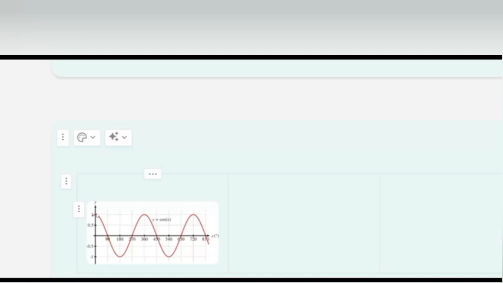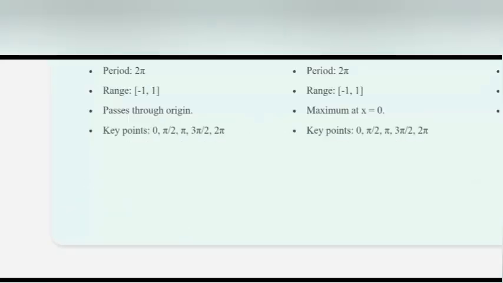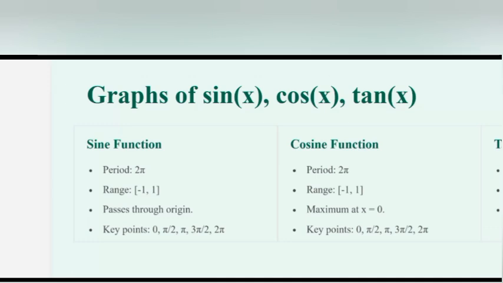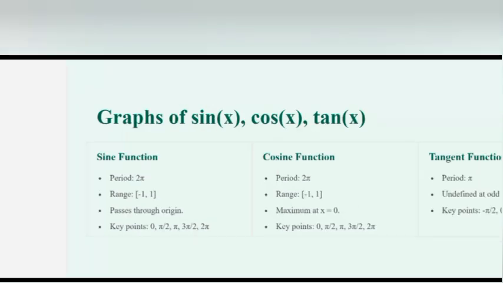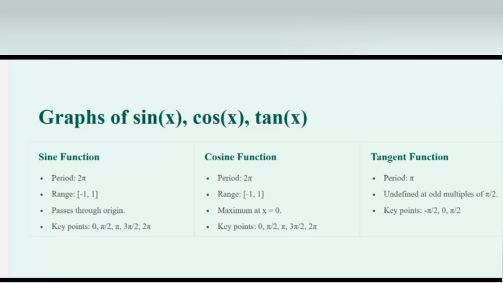Because this graph is cyclic and repetitive, the same thing repeats over and over again, and you can have multiple maximum points. But the point is, the maximum point is where x is equal to 0, right? And then, of course, the key points are similar to what we have in the sine function. So nothing to worry about.